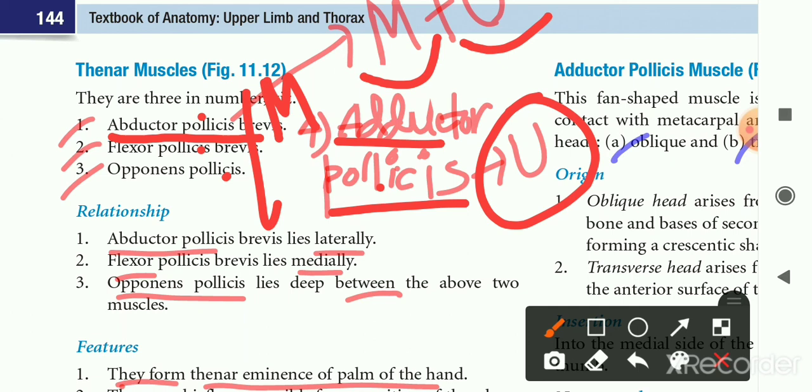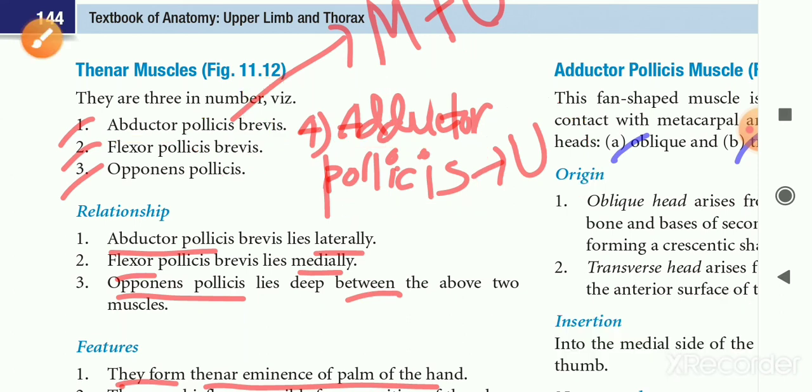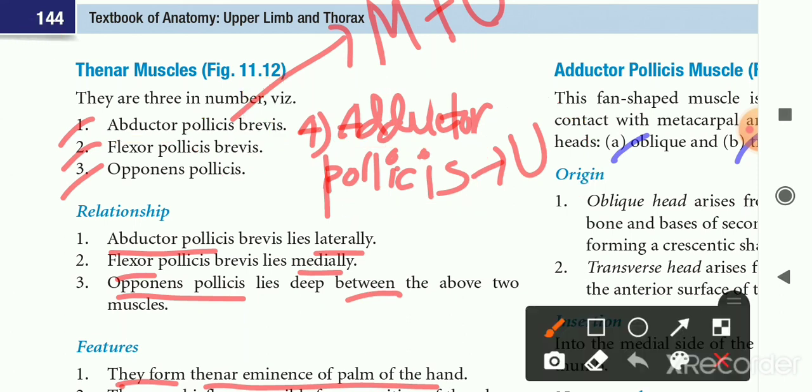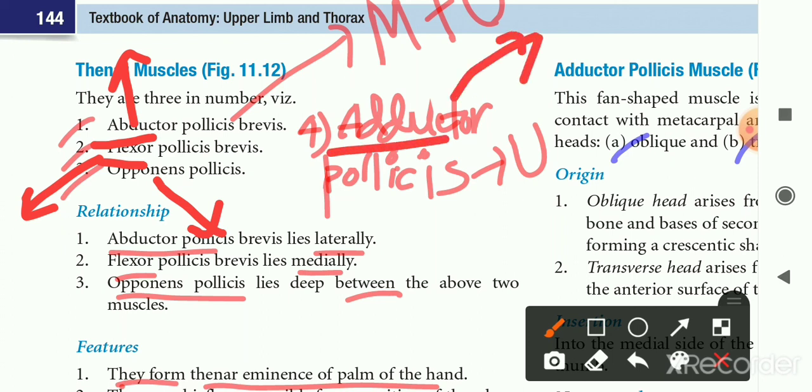What are the actions of these muscles? Look at that, the name says its action. Abductor pollicis brevis helps abduction of the thumb. Flexor pollicis brevis causes flexion of the thumb. Opponens pollicis causes opposition of the thumb, and adductor pollicis causes adduction of the thumb.